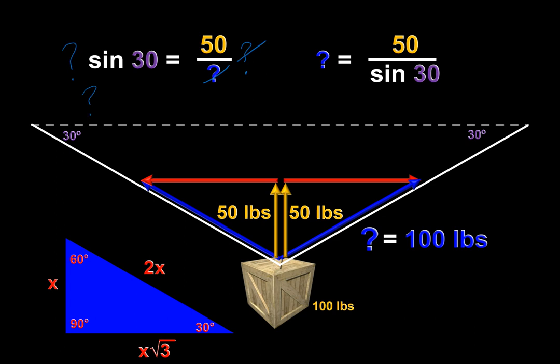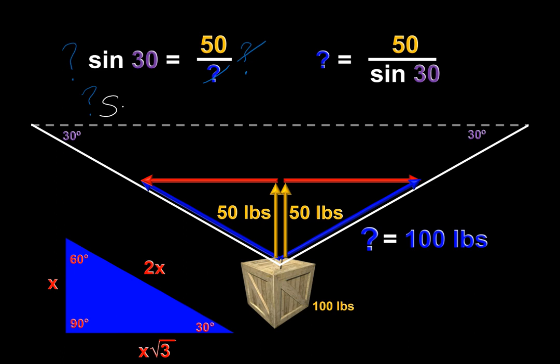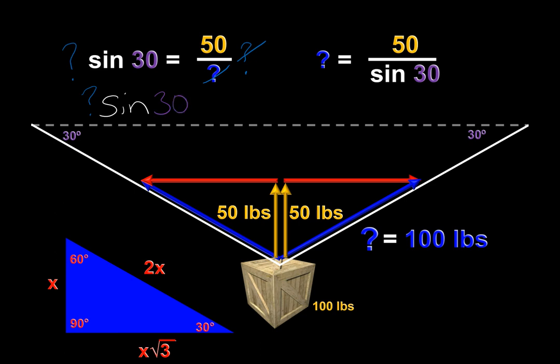So you get question mark times sine of 30 equals your 50, and then again, you just divide by your sine of 30.